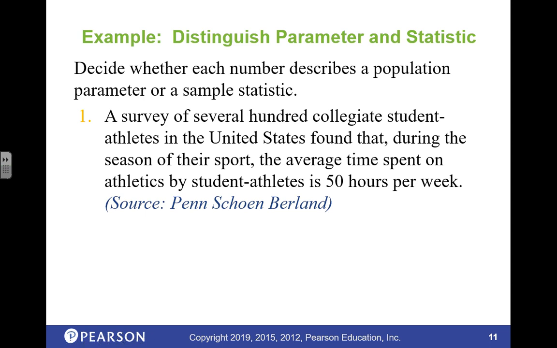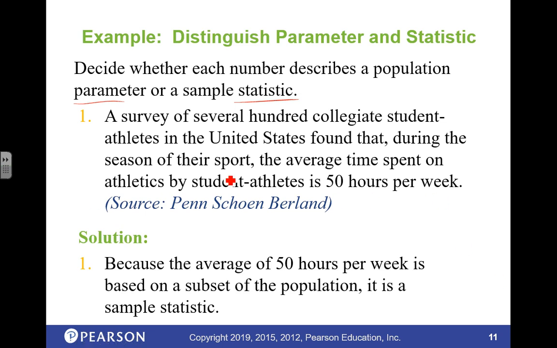All right, so here we have an example. Decide whether each number describes a parameter or a statistic. A survey of several hundred collegiate student athletes in the United States found that during the season of their sport, the average time spent on athletics by student athletes is 50 hours per week. So there are several hundred student athletes that were analyzed, but that's not all of them.